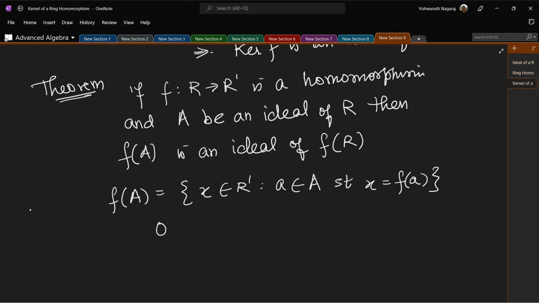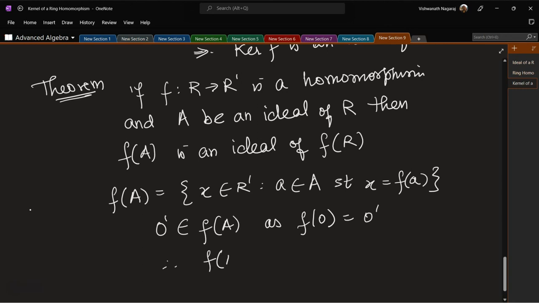Now, it's very clear that the additive identity, or rather 0 prime, will belong to f of A, as f of 0 is equal to 0 prime. Therefore, f of A is not an empty set.